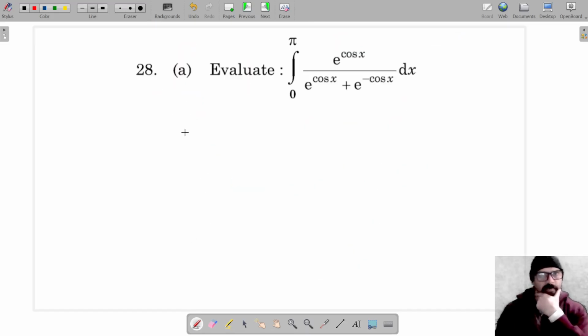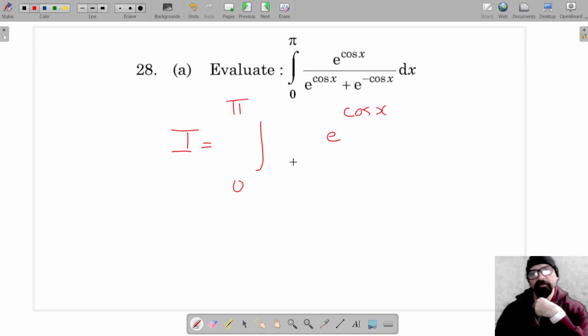Okay, for question number 28, part A, we have to evaluate this definite integral, and let's say our integral is I is equal to integral from 0 to pi of e raised power cos x upon e raised power cos x plus e raised power negative of cos x into dx.